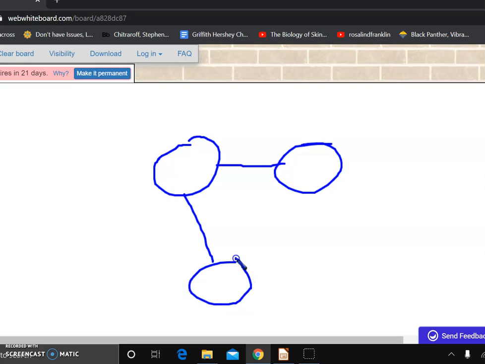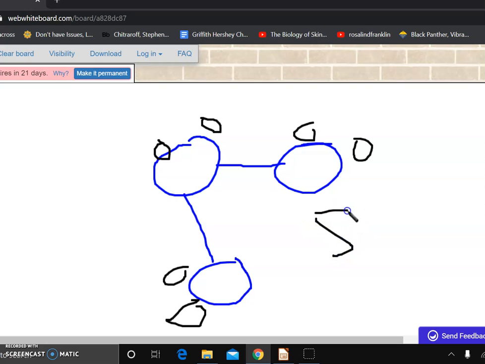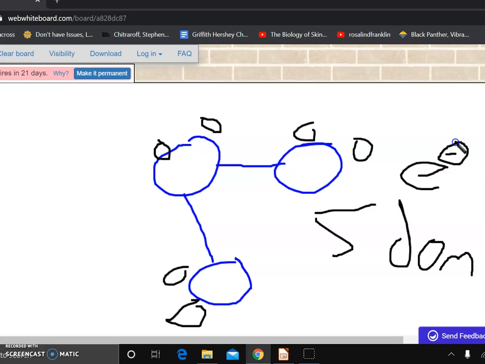We've got some lone pairs, and we would have one, two, three, four, five domains. Five electron domains.